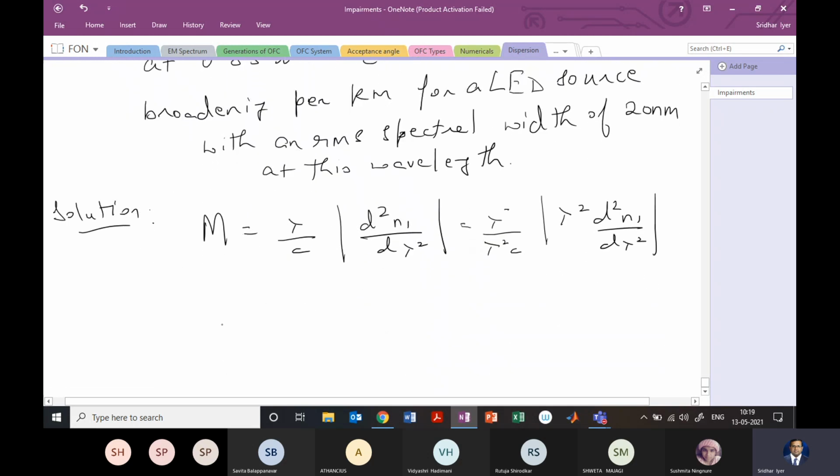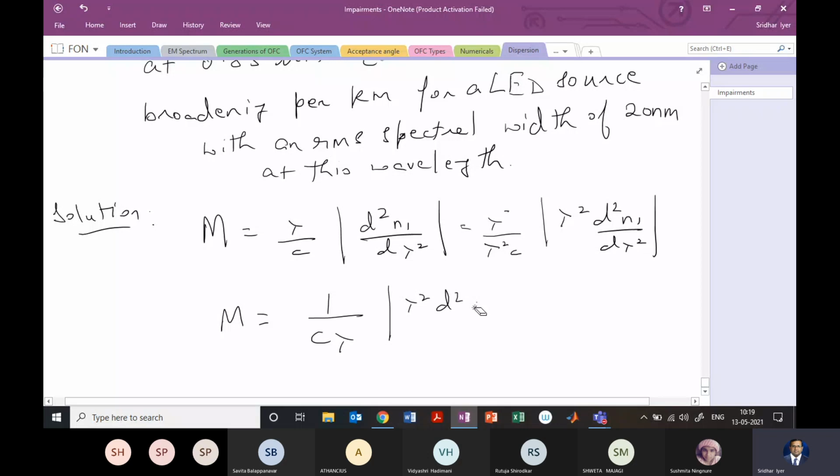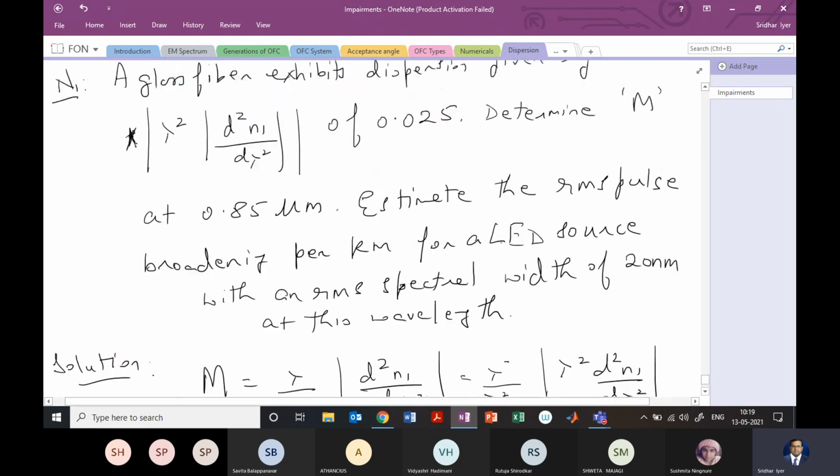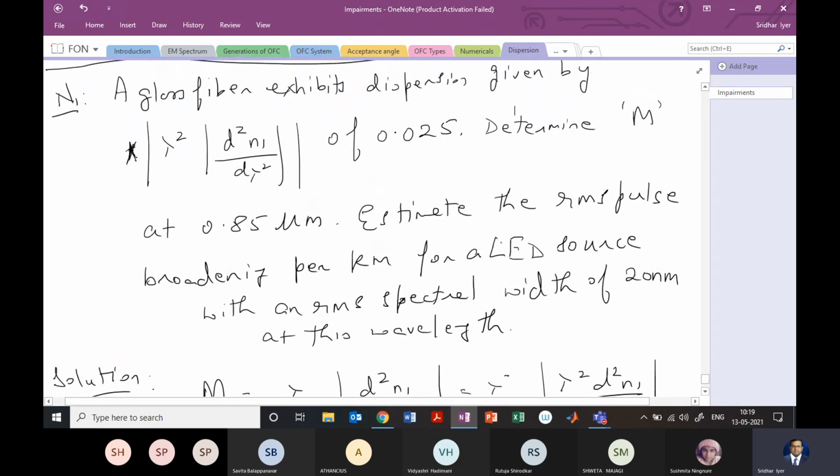Right? Therefore, M will become 1 by c lambda, the lambda in the numerator and the denominator cancel, times modulus lambda square d square n1 by d lambda square. So now we can plug in the values. We are given lambda square d square n1 by d lambda square. If you look at the question, that value is given to us, and that value is 0.025. Right? So we can substitute that value directly.